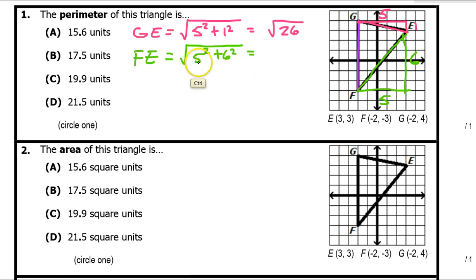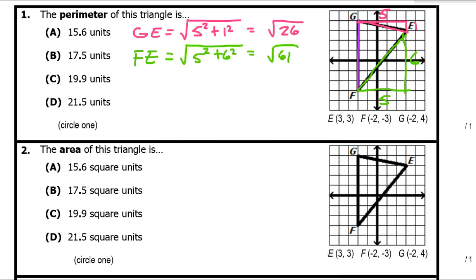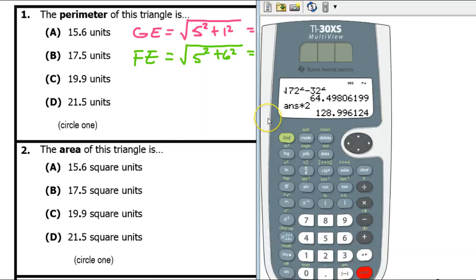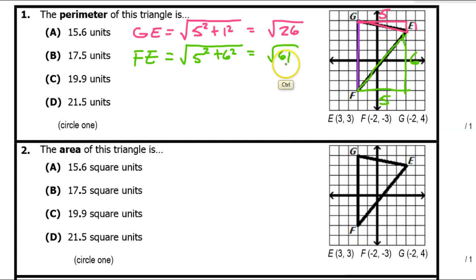Okay, that's 25 plus 36. So that's what, 61? Let me double check that. Okay, so I've got the square root of 61.